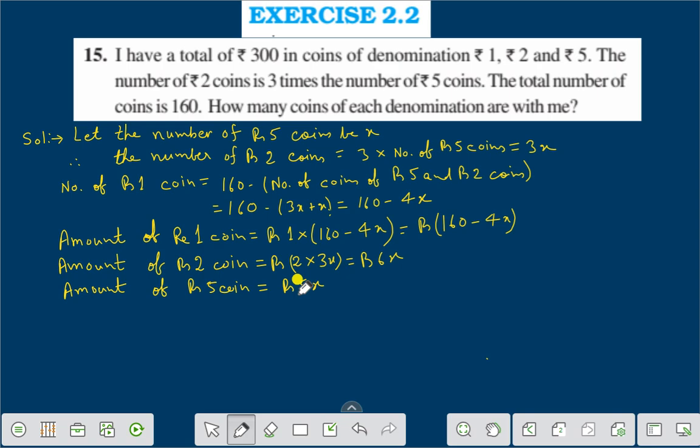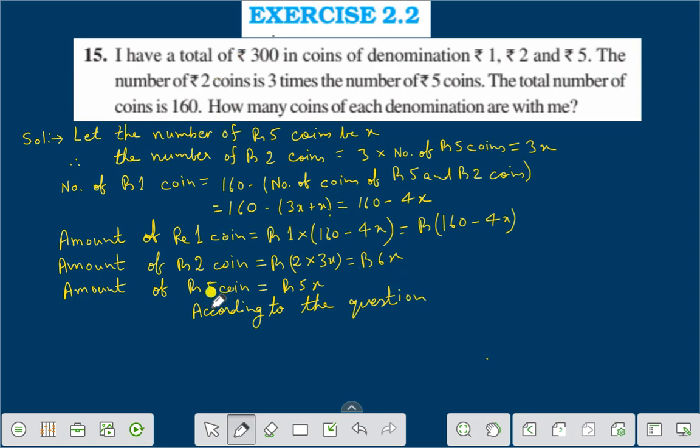Now, according to the question, the total amount is rupees 300.